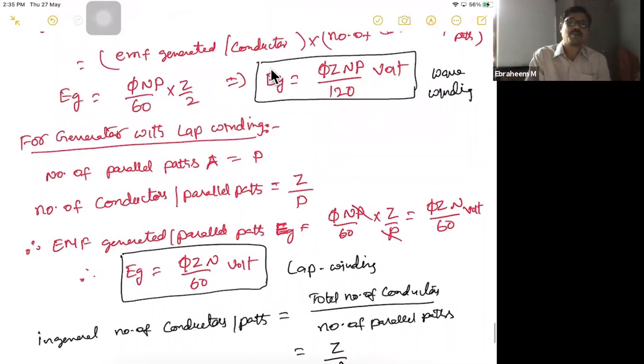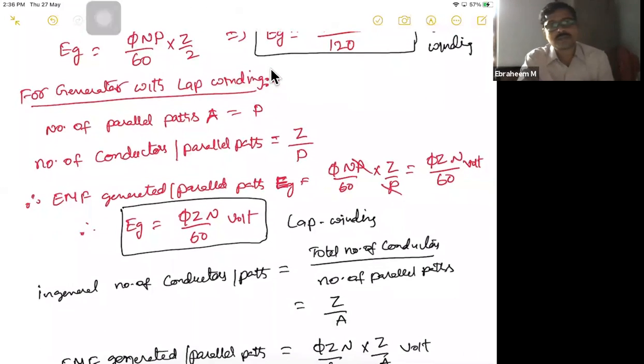When using the formula, we have to observe which type of winding is used in the generator. The remaining things we can do automatically.